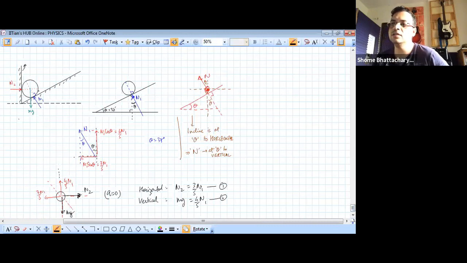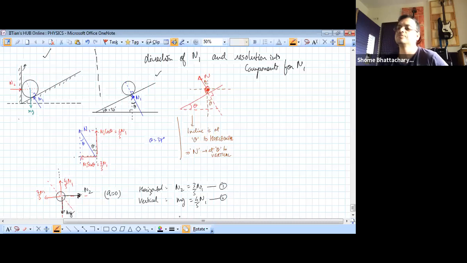Take your time and make sure you understand this diagram first of all. Then the details about the force N1, the direction of N1, and its resolution into components. And then finally, the net force should be 0. This is the application of Newton's second law.